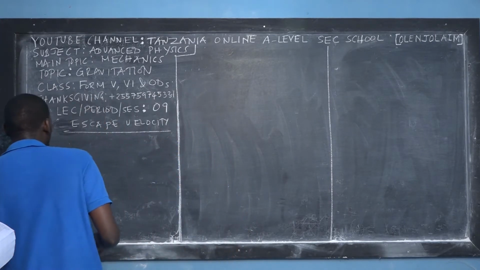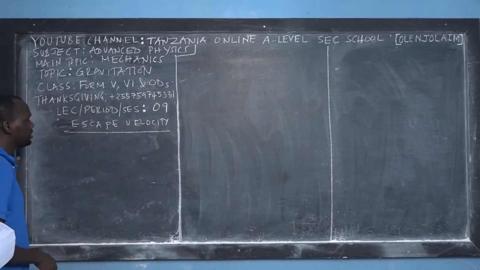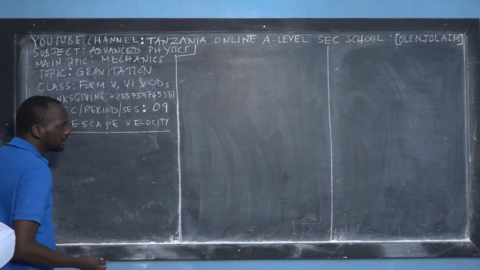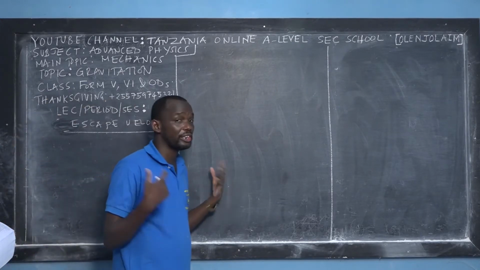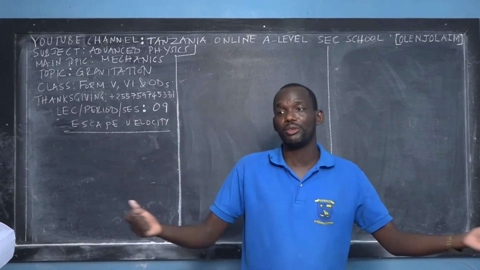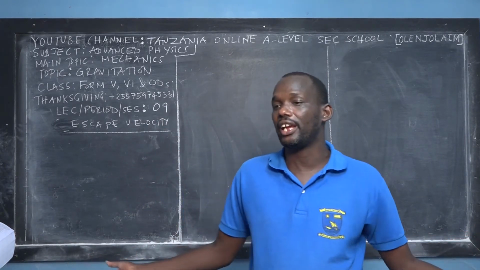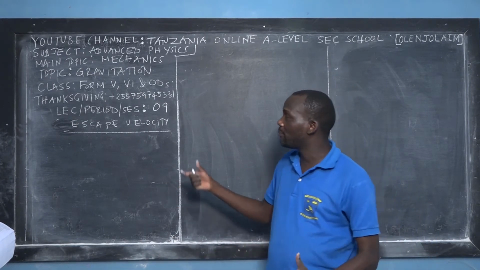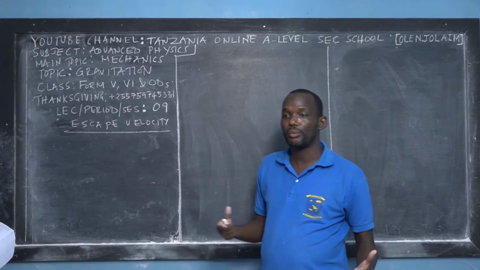I believe that you did the homework that I left in the previous session. It was a very fantastic homework. Maybe you only defined what escape velocity means, and then you ended there. But that's not the end. Escape velocity contains a lot of things, and it's a very important concept in gravitational mechanics.